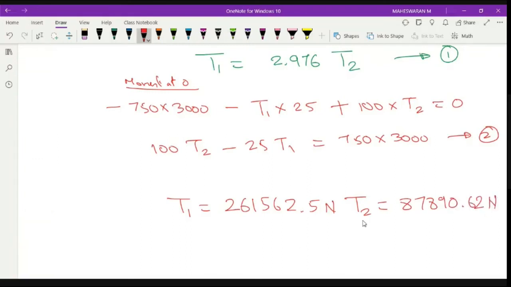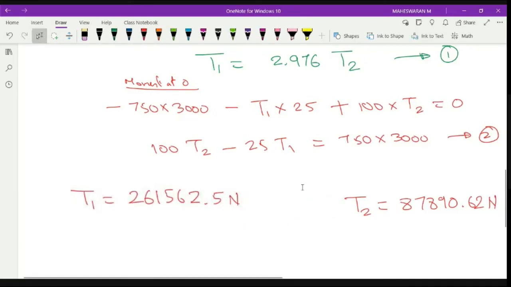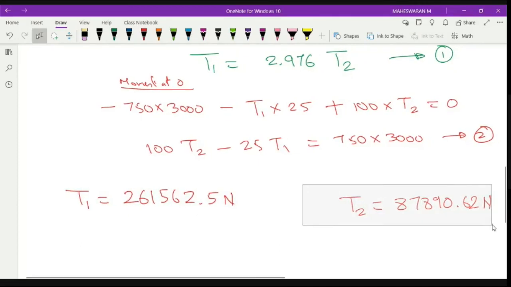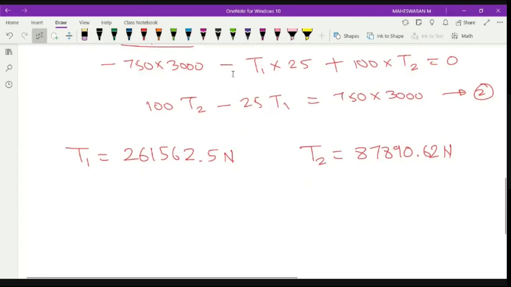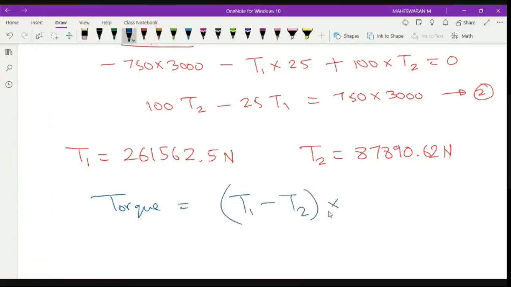Are you getting this? Everyone getting the same value, similar type of values? Yes, sir. Very good. So now I have identified this. I will complete in just 2 more minutes. So I will identify the torque. Torque is equal to T1 minus T2 into the radius of the drum. The radius of the drum is 400.